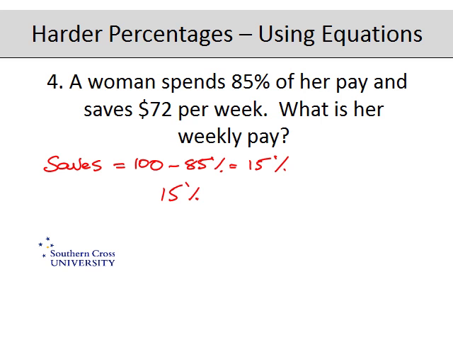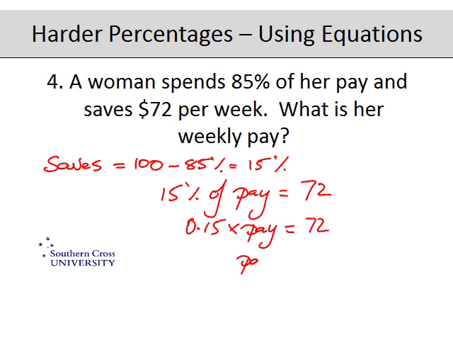So 15% of her weekly pay must be $72. So 0.15 times her pay is 72. So her pay must be 72 divided by 0.15. So her pay must be, on a calculator, 72 divided by 0.15 must be $480.